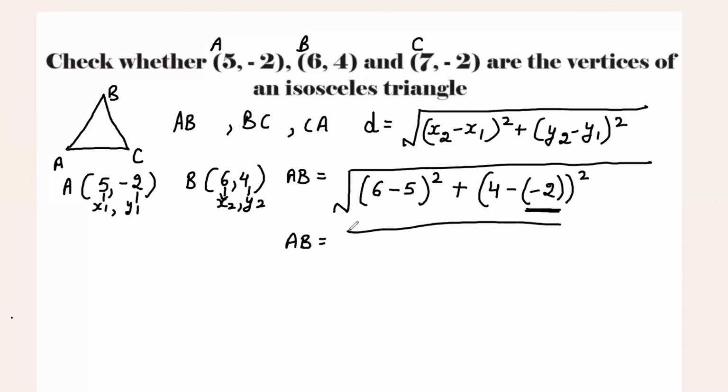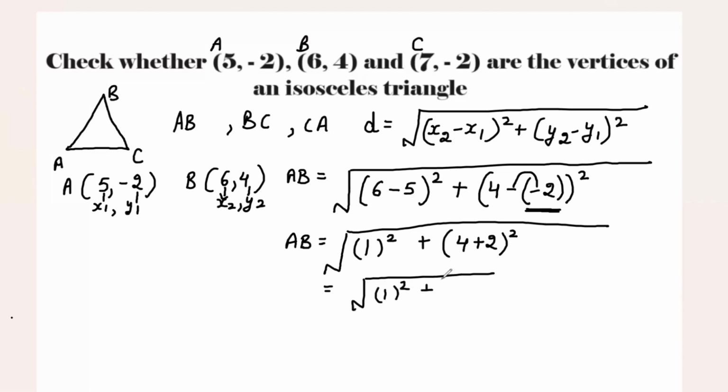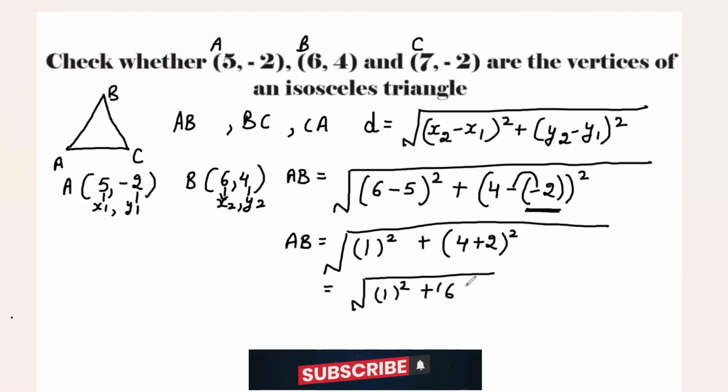solve it further. So AB equals square root of 6 minus 5 is 1 whole square plus, now since we have a bracket here, we have to solve that. Negative into negative is positive. So we'll write 4 plus 2 whole square, which equals square root of 1 square plus 4 plus 2 is 6 square, which equals square root of 1 square is 1 and 6 square is 36.